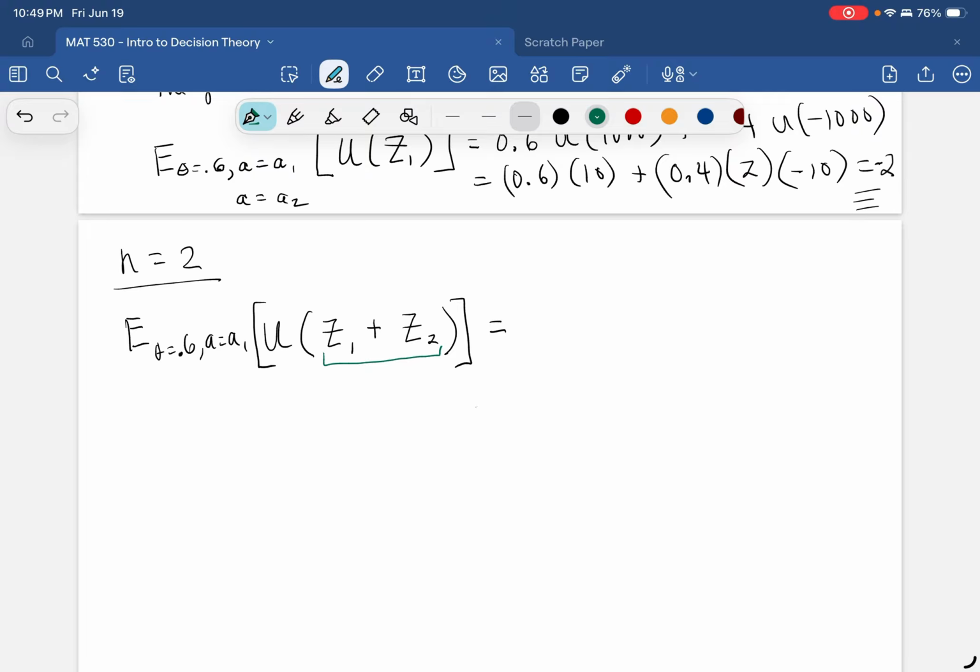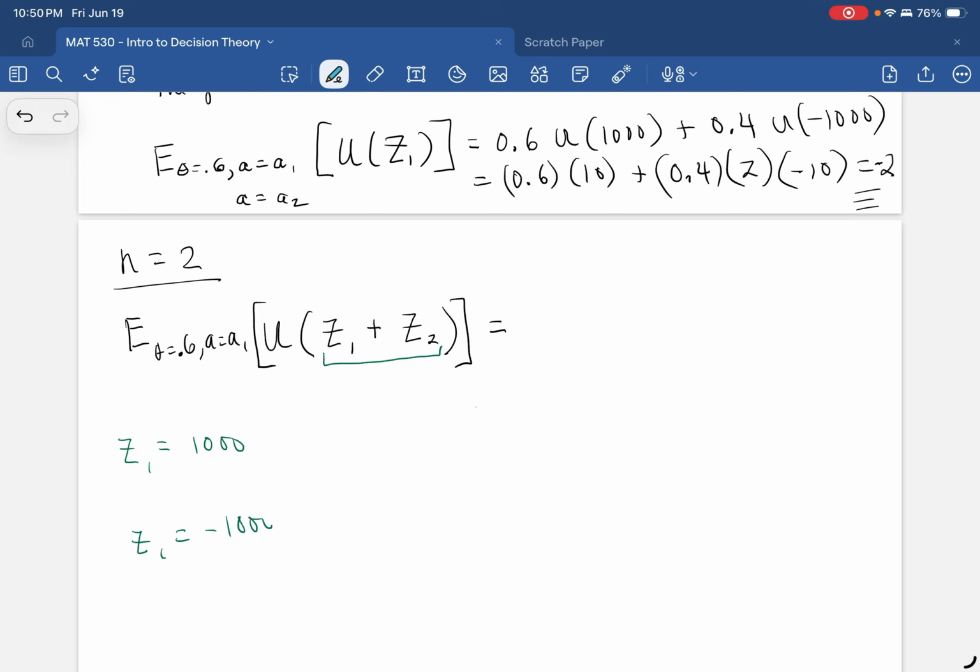So we've got to think about all of the different possibilities that we could get here. So we could have Z1 land on heads and be 1,000. Or Z1 could end up being that we lose 1,000. And then Z2 similarly, the second toss of the coin, could land on heads, and for that second play, you would win $1,000.